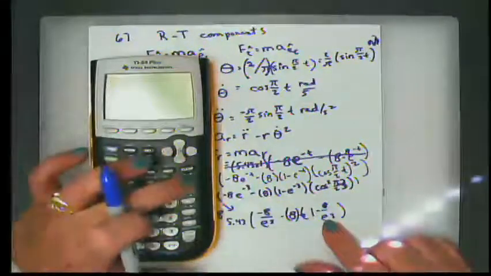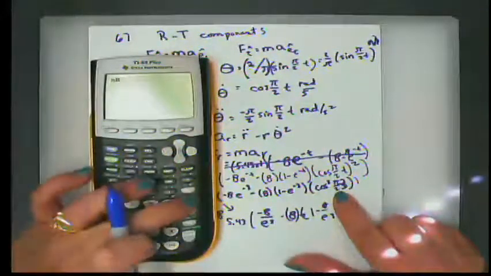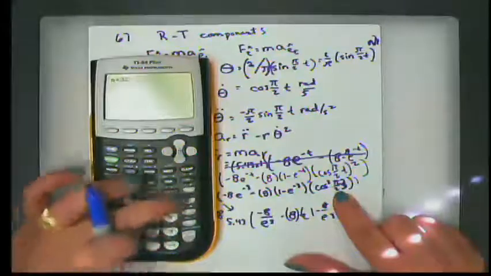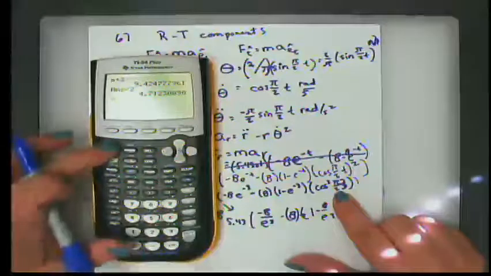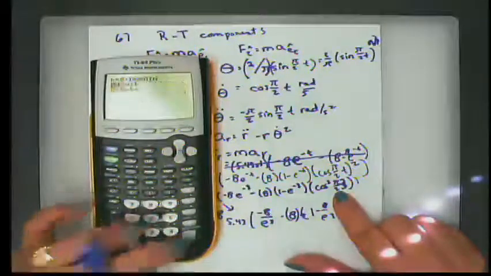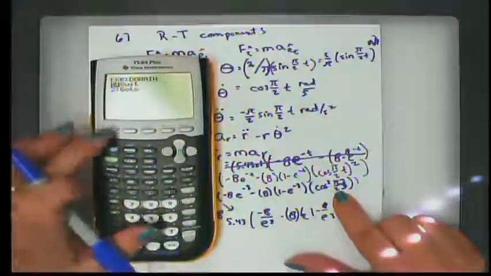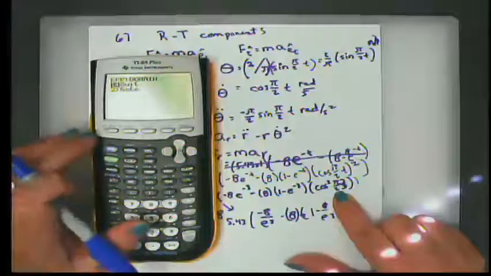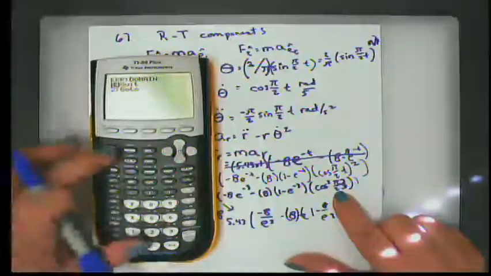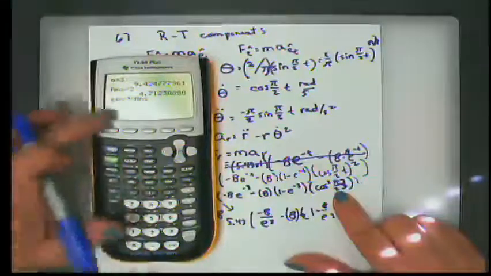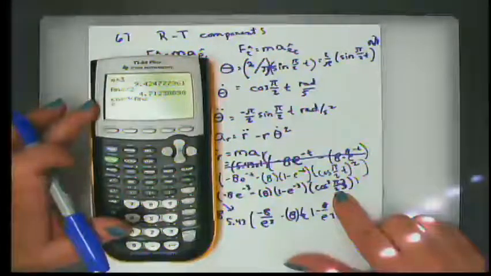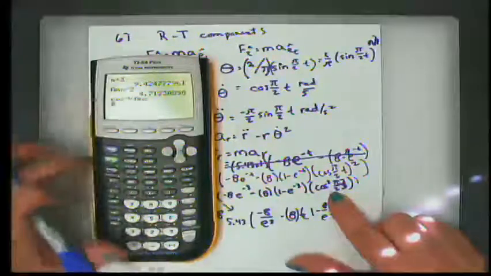So we got pi times 3 divided by 2, and I want to take the cosine of that number. Oh, just the cosine, not the second cosine.